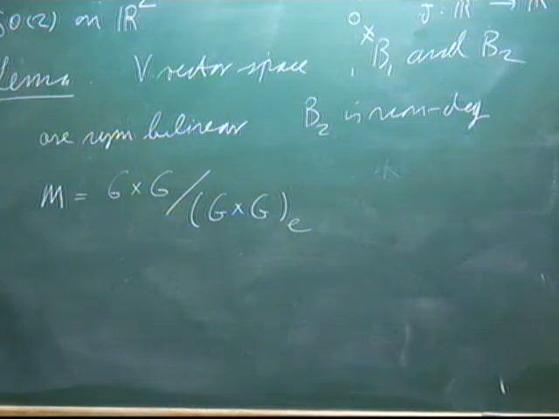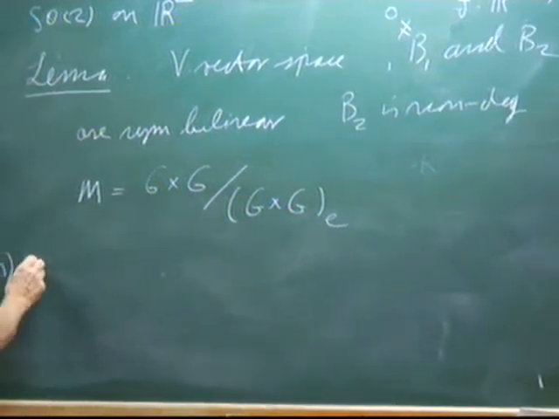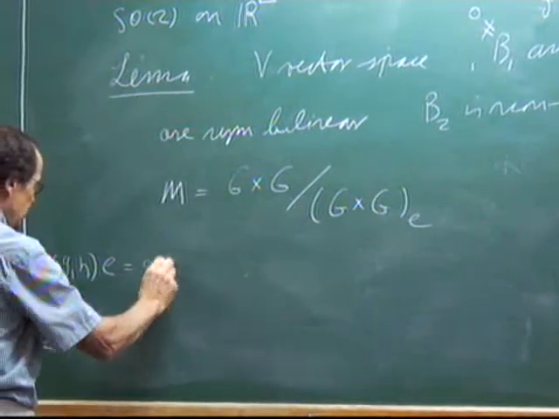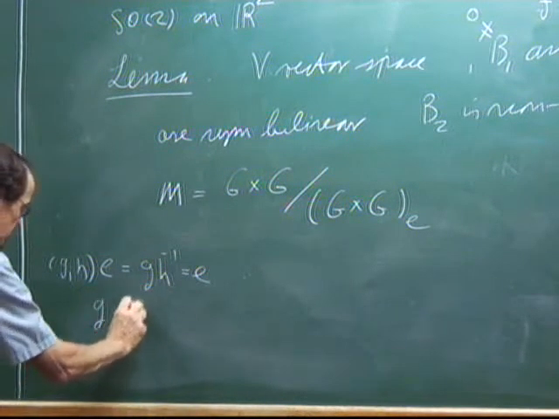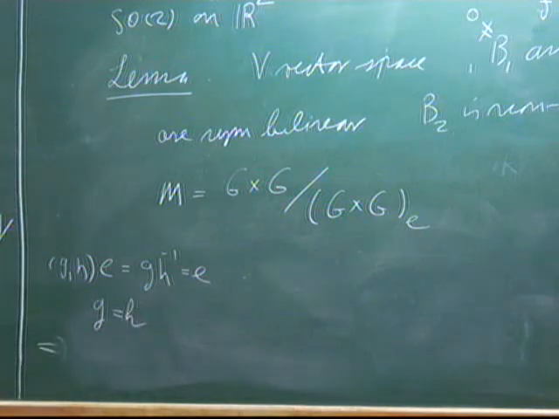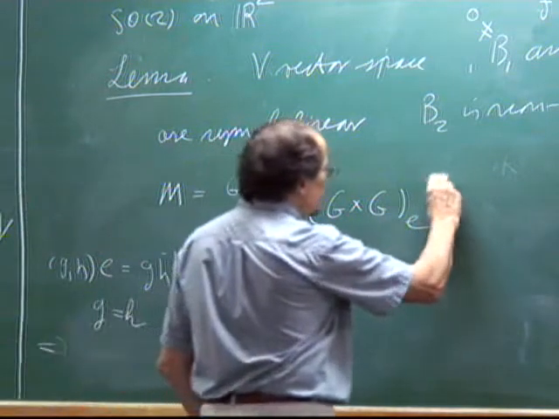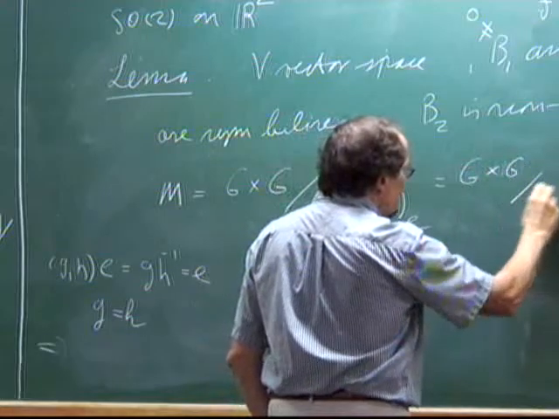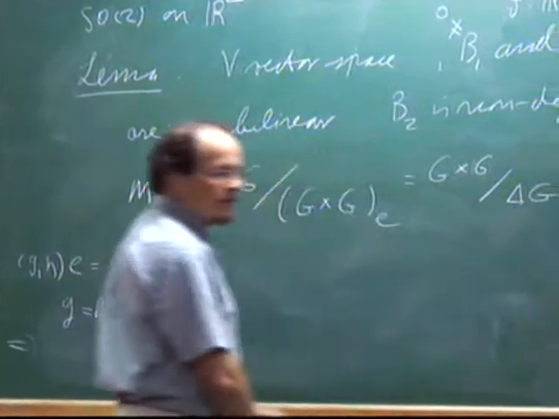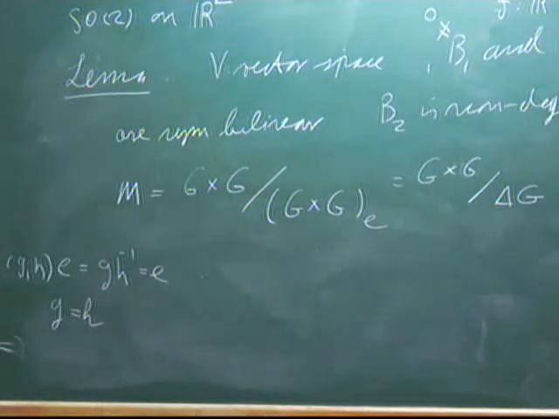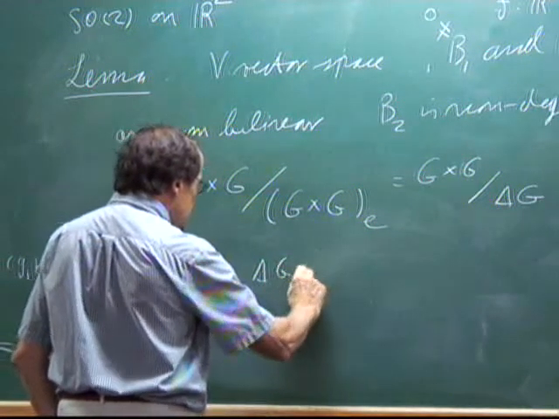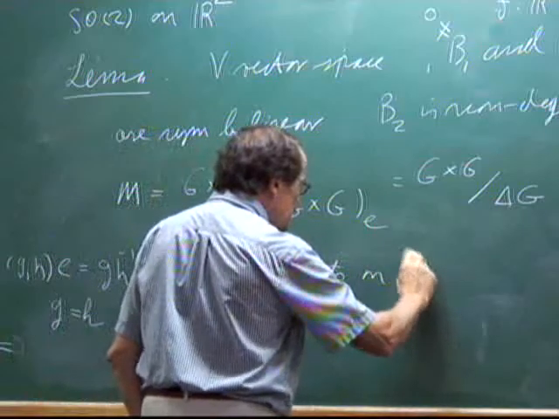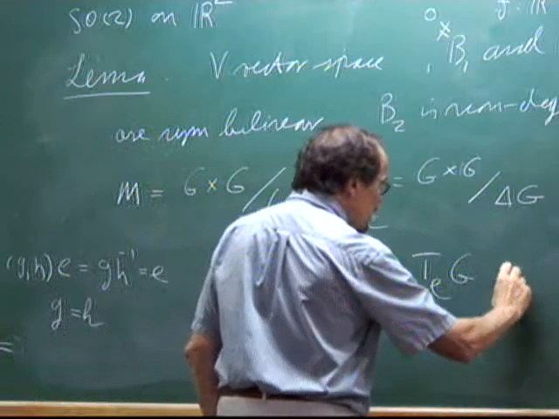So it's the elements (g, h) applied to e, which is g h inverse. That must be e, so g is equal to h. So that's the diagonal. So this is G cross G divided by diagonal G. And how does diagonal G act on the tangent space? Via the adjoint.